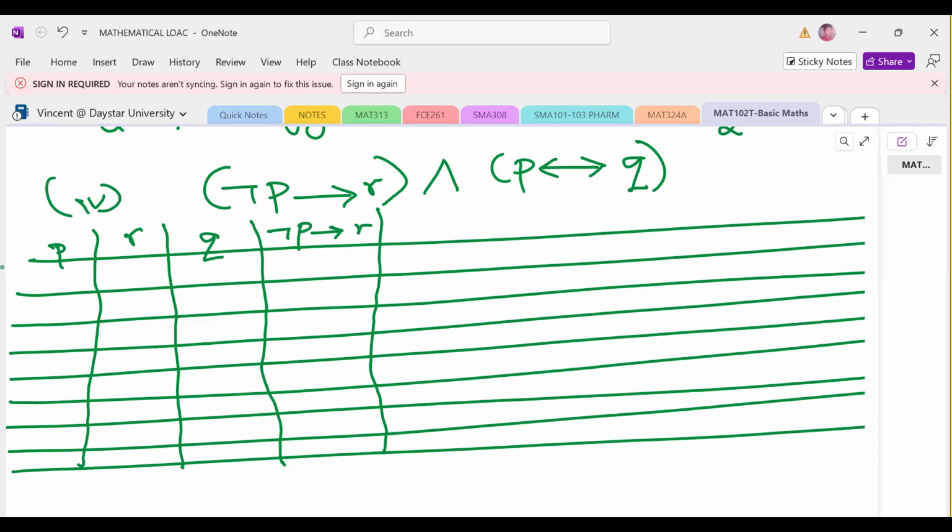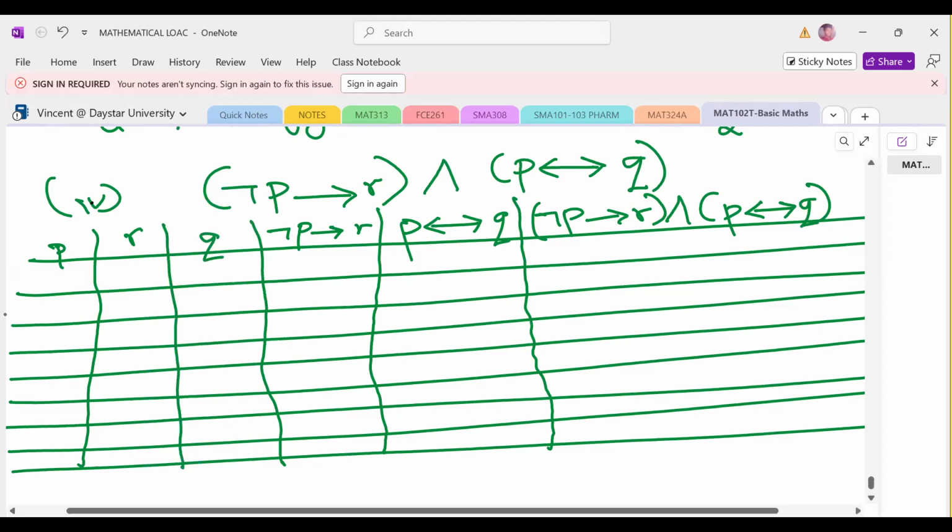P if and only if Q. Then the next, the whole thing, correct. So I'll have not P implies R and P if and only if Q. So this is what we have. So that's step one. Now tell me, how do I fill the column of P?